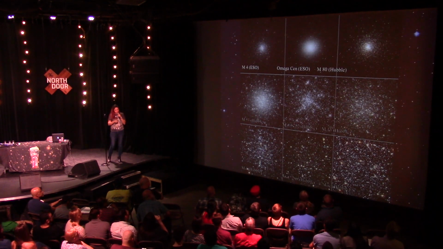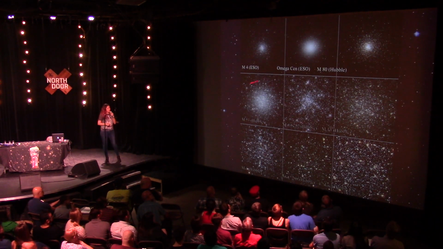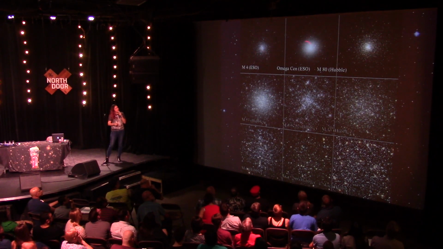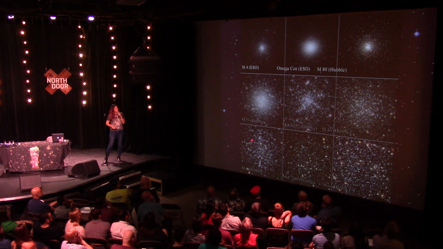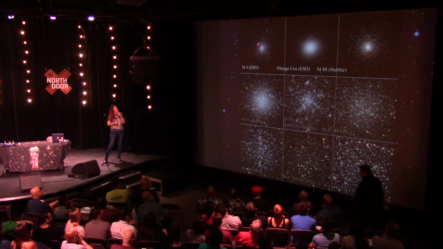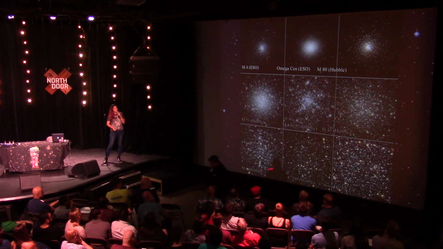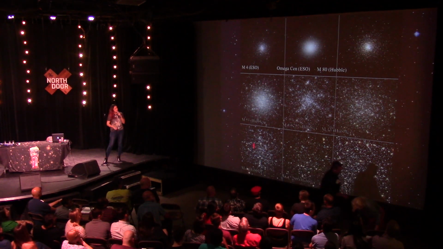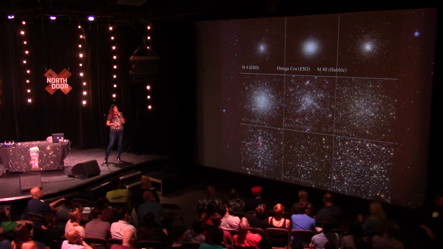Here I want to show you a few images just for you to visualize some of the clusters. We have M4, Omega-10, M80, and this image of M4 was obtained with an Earth telescope. But when you go to Hubble data, it's the same cluster, but the center was very crowded, and when you look with Hubble, you can separate each star. That helps us look into different regions of the cluster.